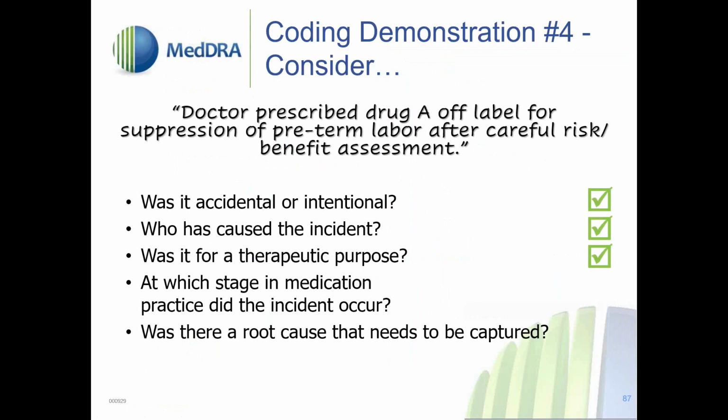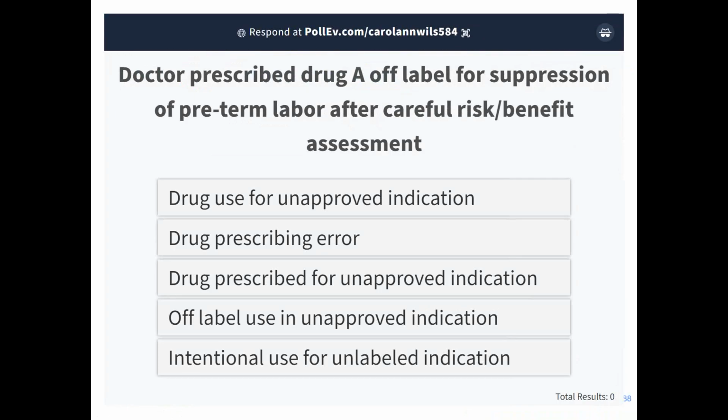And it is also reported that the doctor used the drug off-label. So we have this information in the verbatim, that it's not covered by the local label. We also know the stage where the issue occurred. It's the stage of drug prescribed off-label for a patient suffering preterm labor, but no root cause was provided.